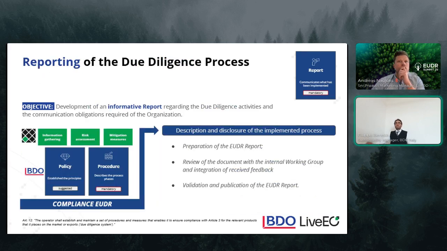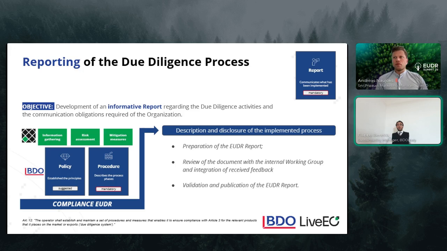Okay, we conclude our discussion of the due diligence system with the last part concerning the reports required by the regulation. Article 12 of the regulation requires us to produce reports each year detailing the results of the entire due diligence process, the deforestation due diligence process.